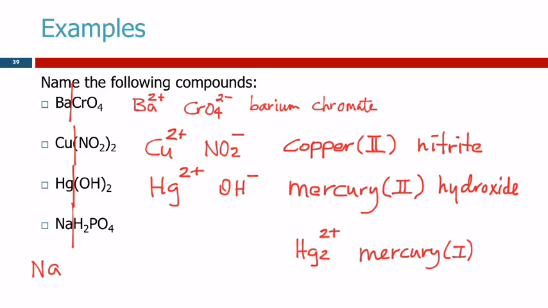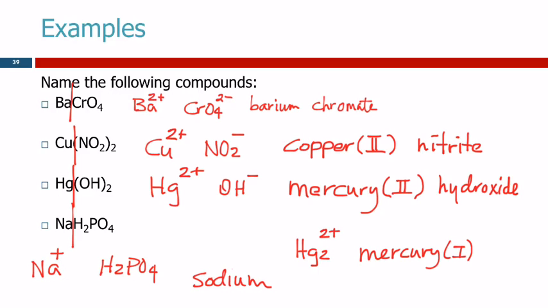You don't want to separate this into hydrogen ions and phosphate ions. You want to keep it together. H2PO4. 2 ions. Where's sodium on the periodic table? It's in group 1. So we know it has a +1 charge, and because it's in group 1, it doesn't need a Roman numeral. So that's just sodium.